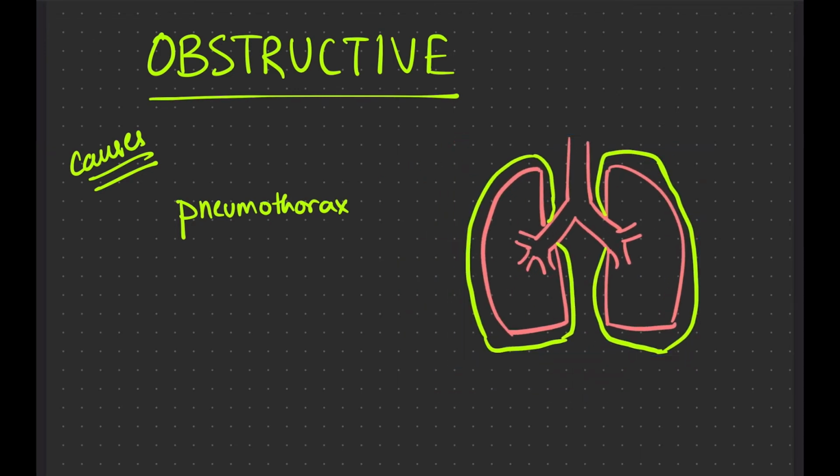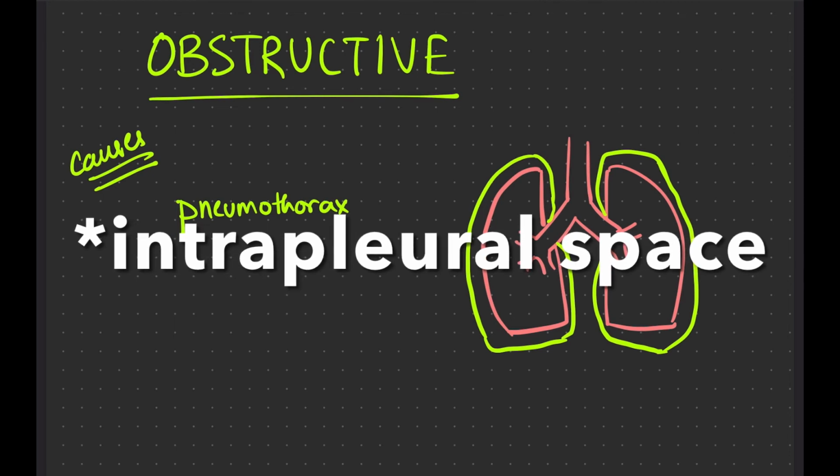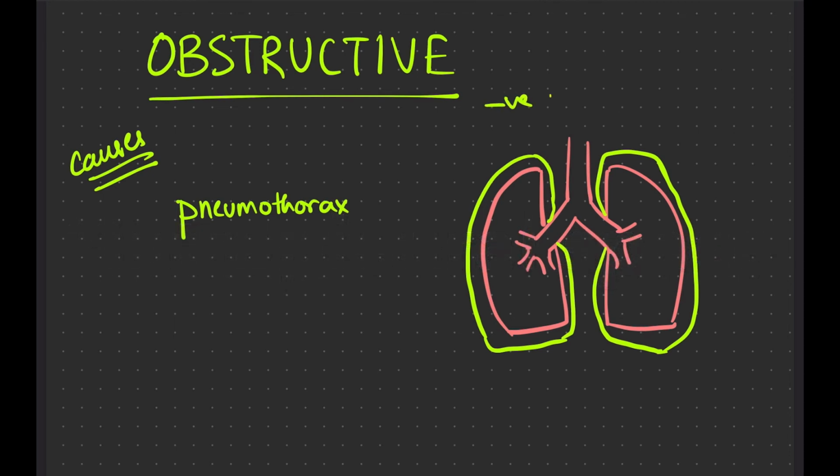So this is a picture of the lungs. The green outline is the parietal pleura and the pink one is the lung. In between there's this space called the pleural space, which is filled with pleural fluid, and it has a negative intrapleural pressure. This negative pressure is very important to maintain respiration.